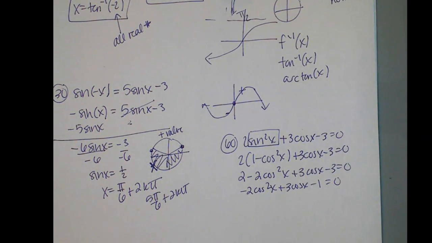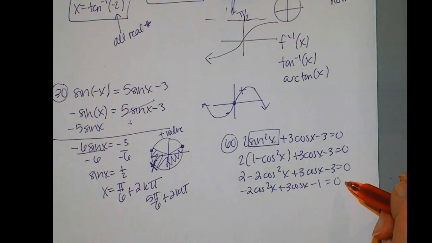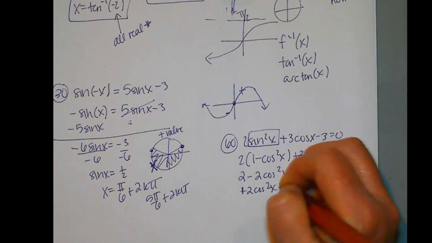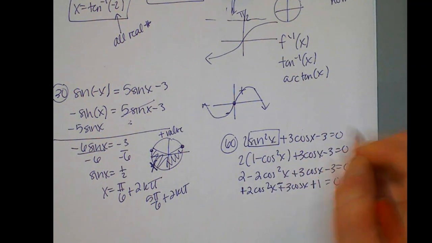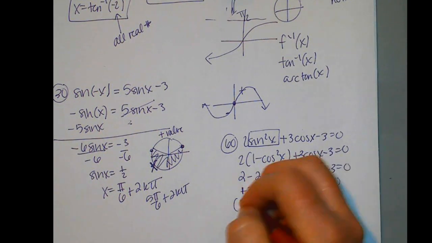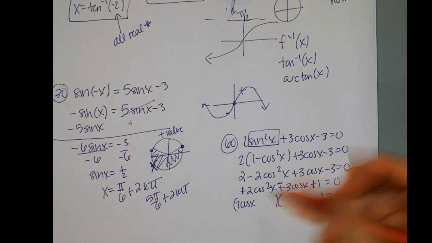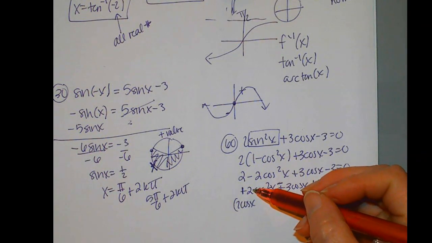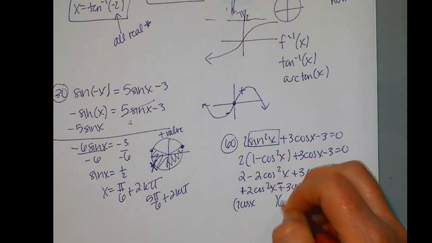Okay, I can't factor that. I break at this point. So I'm going to multiply everything by negative 1, even the 0. As long as I multiply everything by the same number, I'm not breaking any math rules. So this is positive now, this is negative, this is positive, and now I should be able to factor it because I'm going to have a 2 cosine of x. 2 is either 2 times 1 or 1 times 2 times cosine of x.